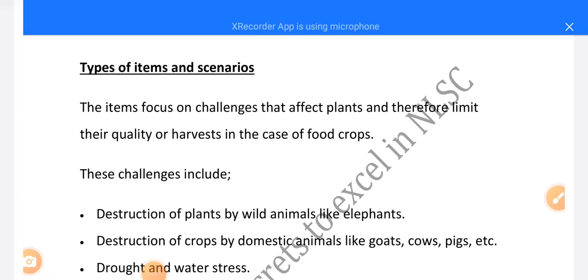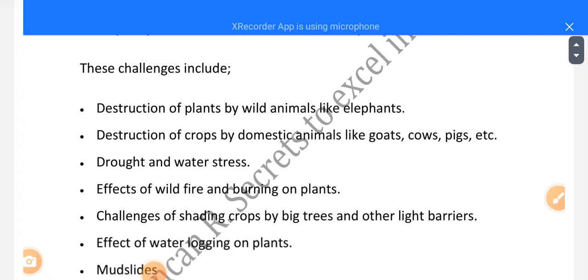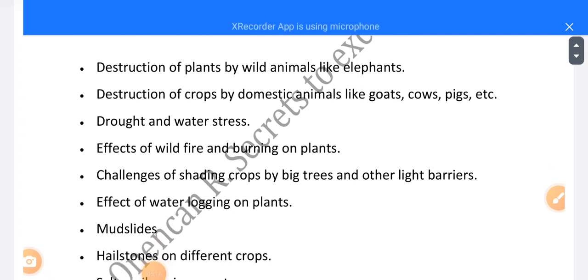But now, when you look at the challenges, these challenges include: one, destruction of plants by wild animals like elephants, giraffes. There's also destruction of crops by domestic animals like goats, cows.